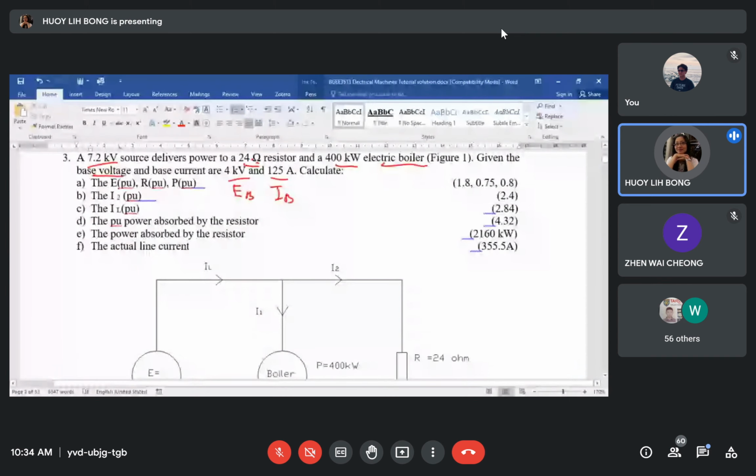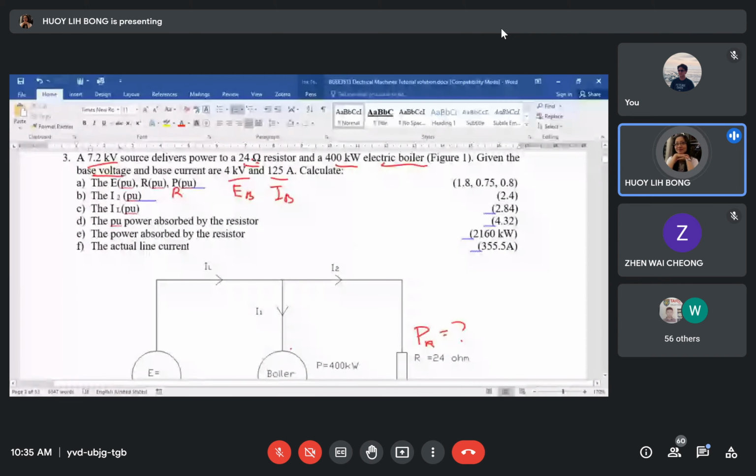This power, they never mention which power. Of course, it is the resistor power. The boiler we already know the power. So I assume they're asking for the power across the resistor. No need to find the power across the boiler, we already know that also.